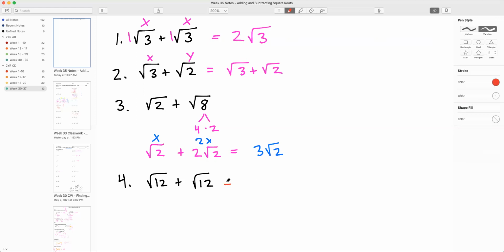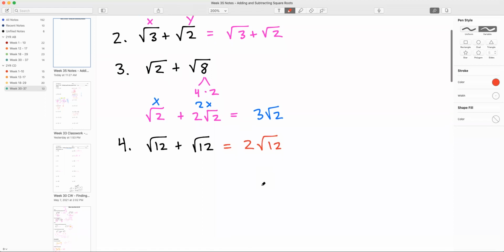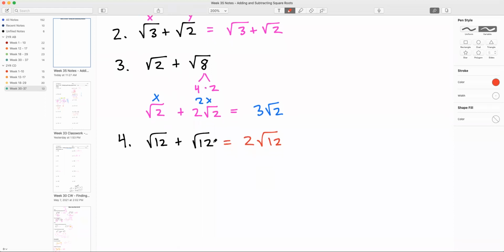However, we can simplify root 12. Why? Because 12 has a perfect square in it. So in this case, the right thing to do would be to add them first, then simplify. You could simplify the root 12 here and the root 12 here. That would be 2 simplifications and then add it, but I think it makes sense to just add it first and then simplify.